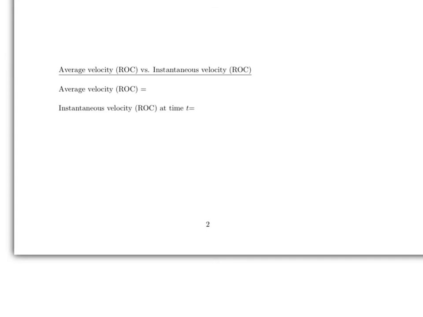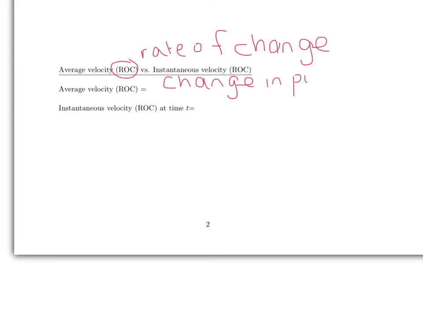The application way to talk about secant lines and tangent lines is to talk about what's known as average velocity or average rate of change. That's what this ROC stands for, rate of change. And then instantaneous velocity or rate of change. So average velocity is your change in position, wherever you might be, divided by the change in time.